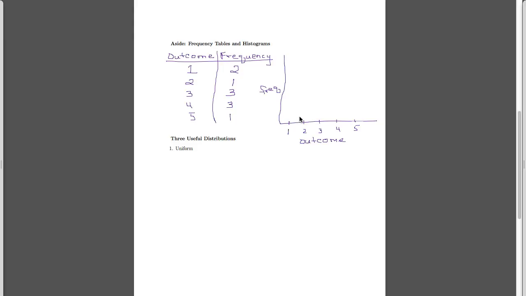So then the height, or the frequency, is going to be the total number of times that we observed that outcome. So for single households, we saw that happen twice. So let's go ahead and do a 1, 2, 3 as our scale here. Okay, so we saw a 1 2 times.